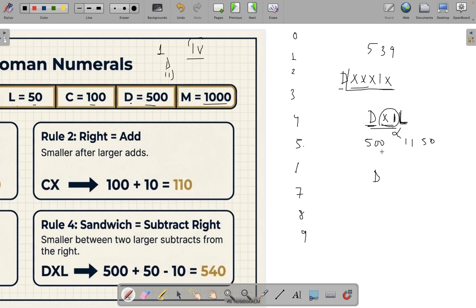So this is the correct way to represent it, and this is not the correct way. Why? Because you have two small numbers, XI, simultaneously and then a larger number. Is this clear? Yes, sir.